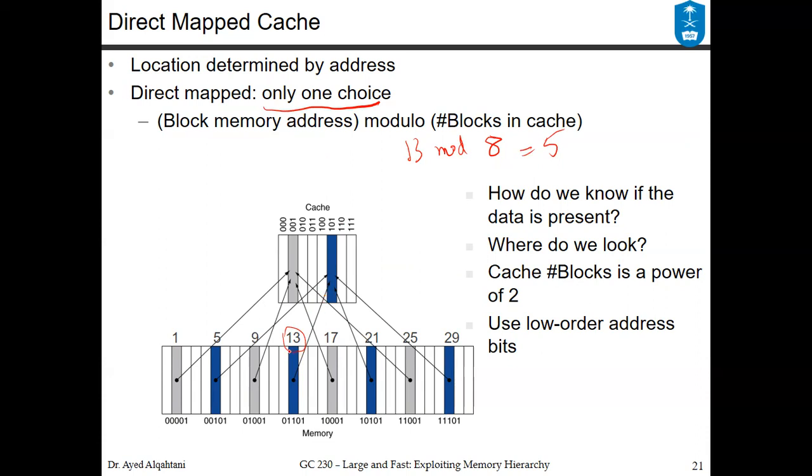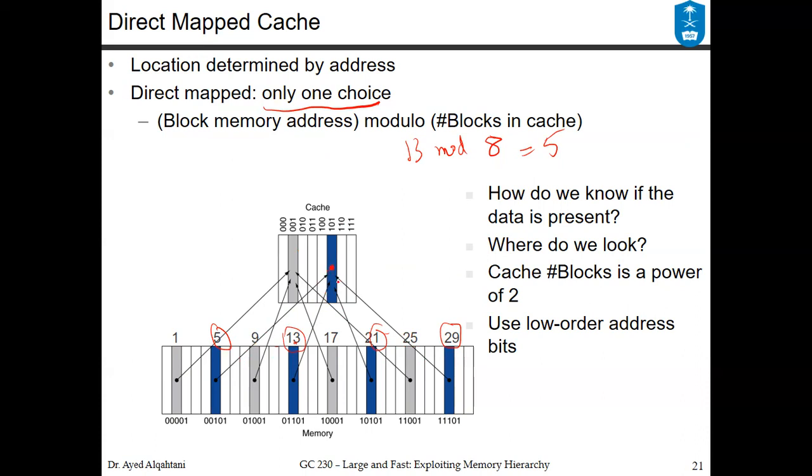And there is a competition between 13, 5, 21 and 29. This is obviously because you have a bigger size in the memory and a much smaller size in the cache. So those 4 locations are competing against each other for this location, which means if you access 13, you put it in the cache.